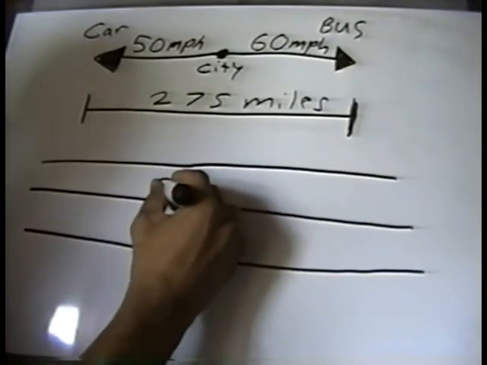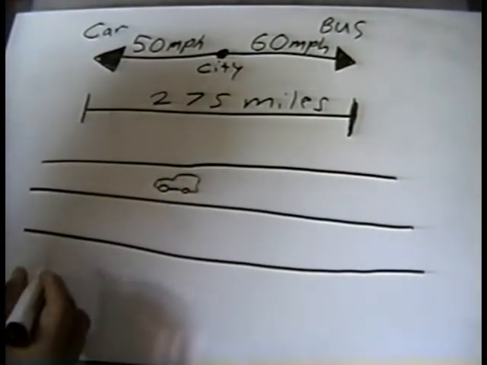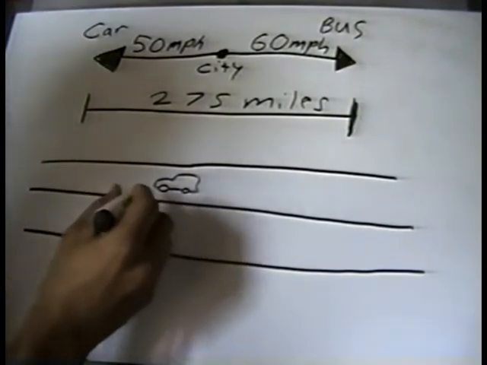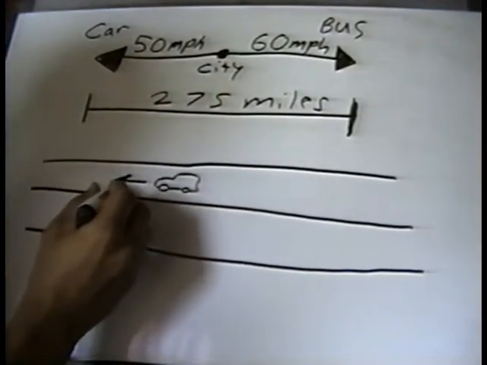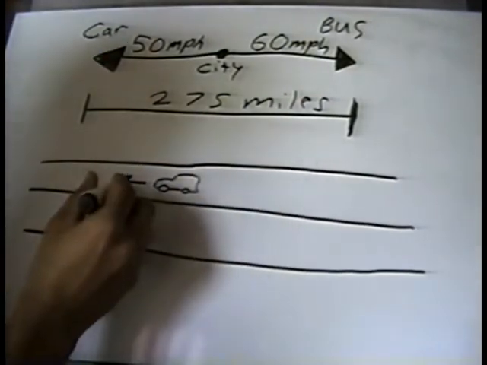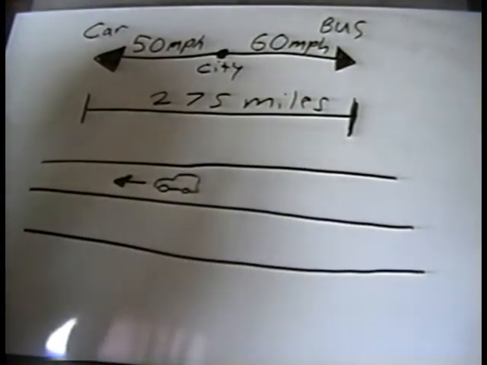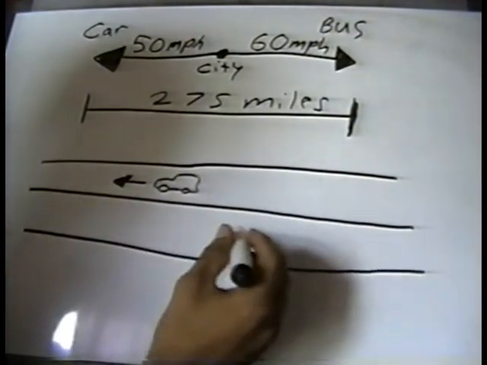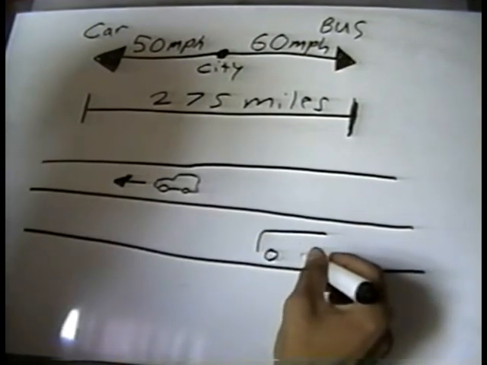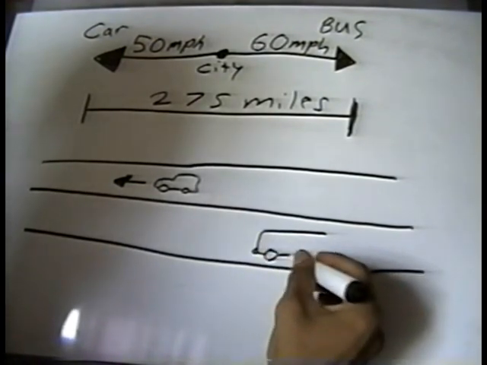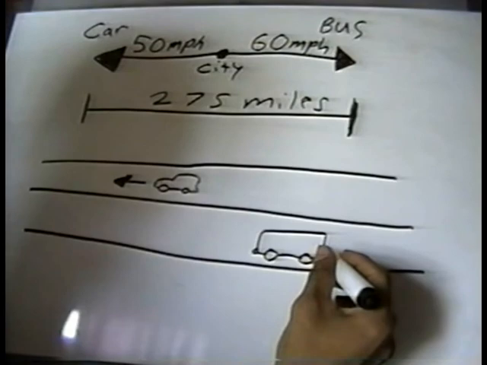Let's say they're both traveling on the road and they're both making the distance. So we get this is one side of the road and this is the other side of the road. Okay, that's supposed to be a car.